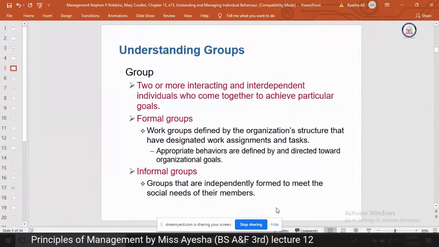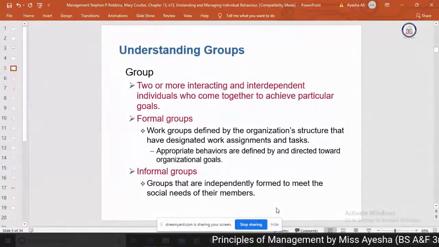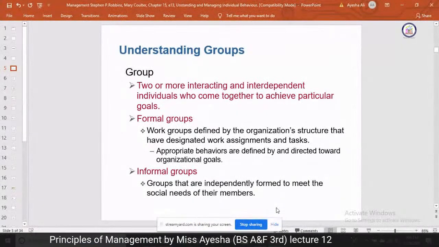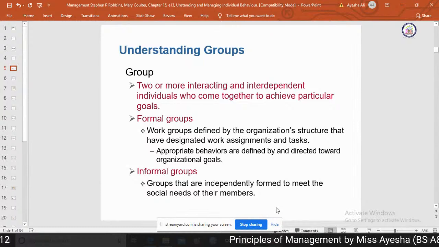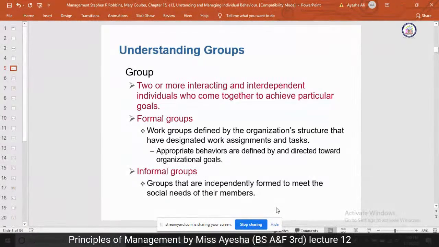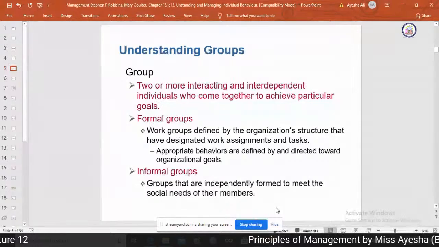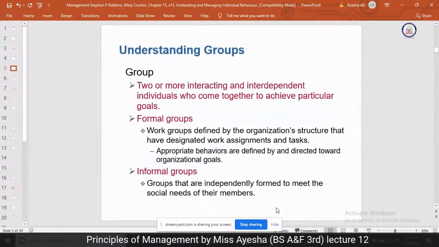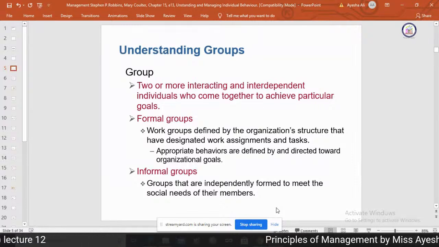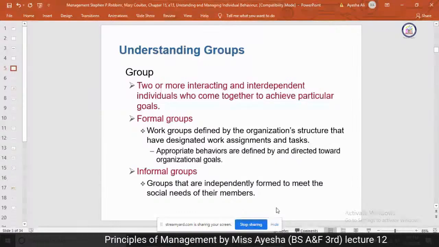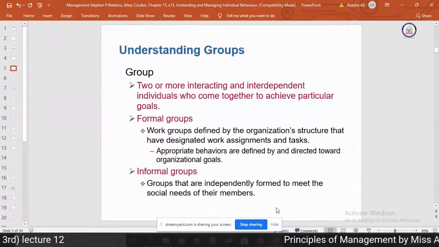So we have two types of group, in which we have the formal group. The formal groups are the groups which are structured and organized, and they are made for achieving some purpose, some task, some assignments, some goal. These goals, outlines and projects are decided by the top management, who assign the work and projects to every individual, and give the responsibilities, tasks, duties to every individual.